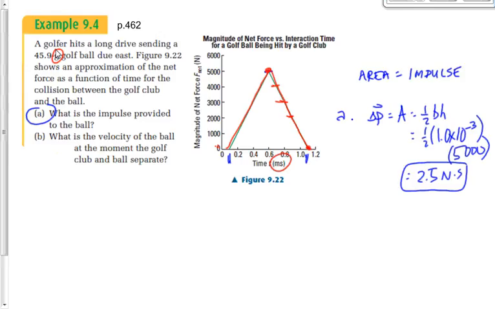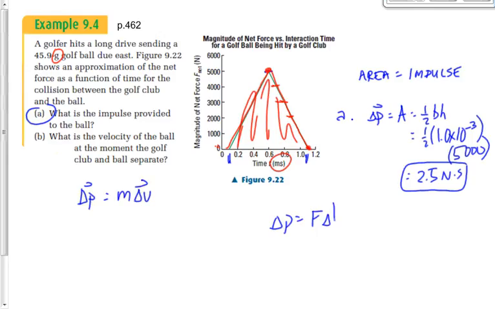So the club and the ball are in contact for the entire graph, which is good because that's the impulse that I just found for the entire graph. Now, let's set that impulse equal to m times delta v. Remember, don't set it equal to F times t. We don't want to use that here.